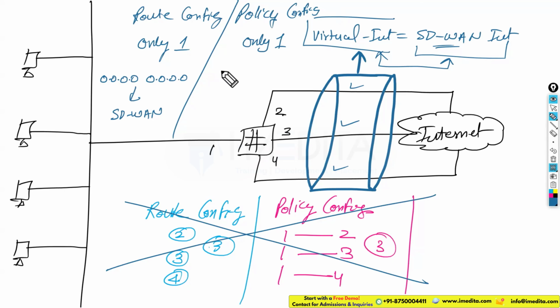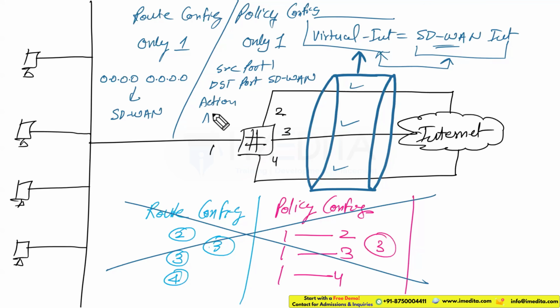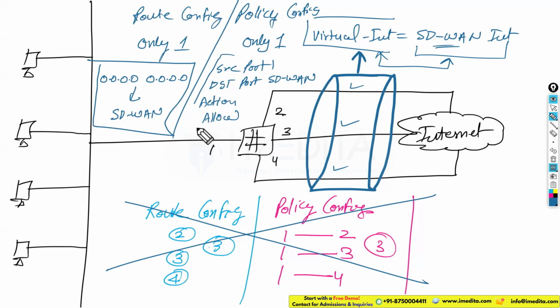Policy 1: source port number 1, destination SD-WAN, action allow. So what we are doing? We are configuring one route, one policy, and that policy will apply on all the interfaces.